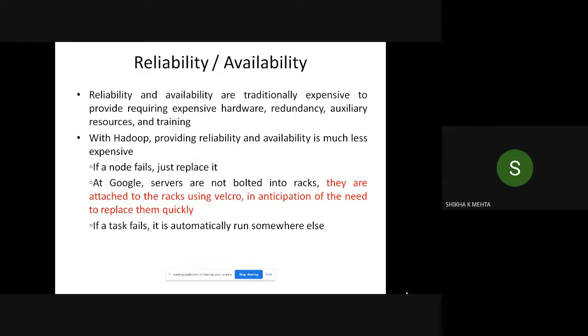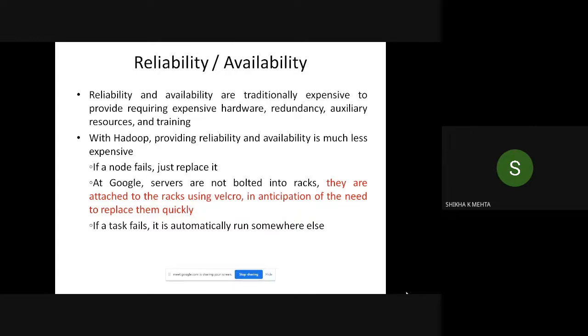And if the task fails, in the Hadoop system, understand everything we perform is in the form of a task. It will automatically run somewhere else because we are talking about the Hadoop distributed file system, HDFS. Since everything is distributed, if one node fails, the same task can be taken over by another node. So that means there is rigorous communication between all the nodes, right?